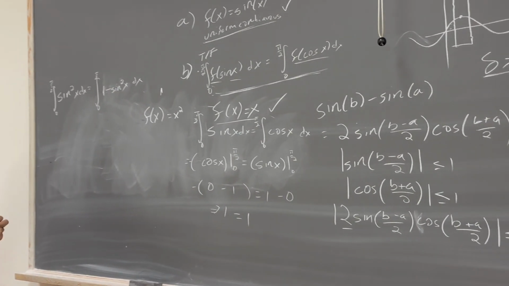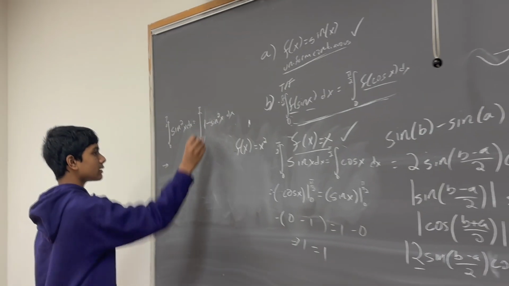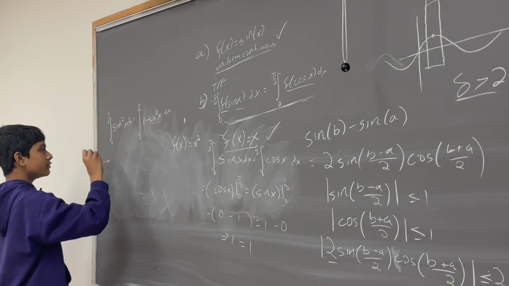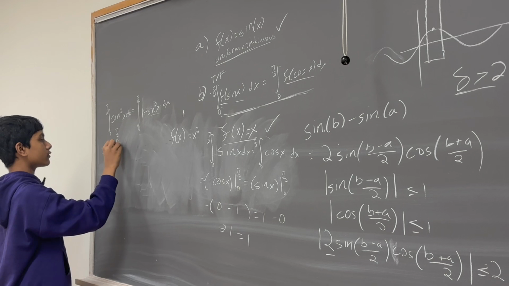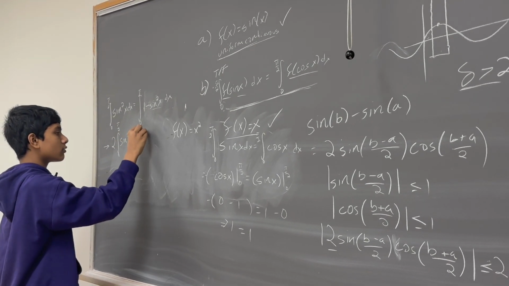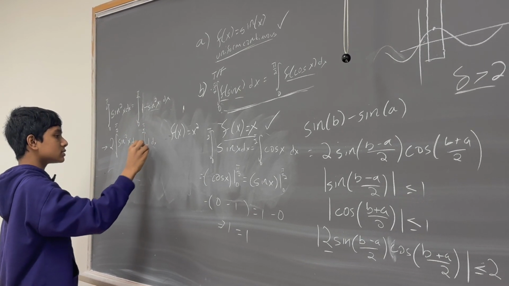So what does that mean? That means that if we take the sine squared x part of this integral and move it over here, we get 2 times the integral from 0 to pi over 2 of sine squared x dx is equal to the integral from 0 to pi over 2 of 1 dx.